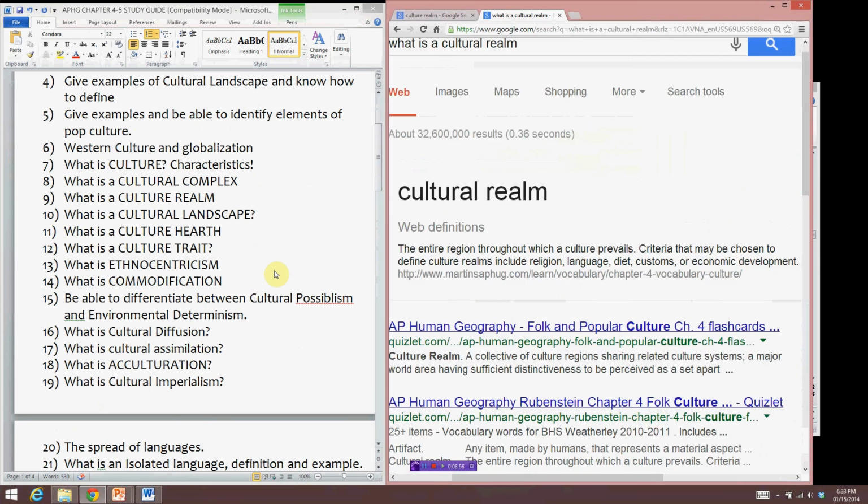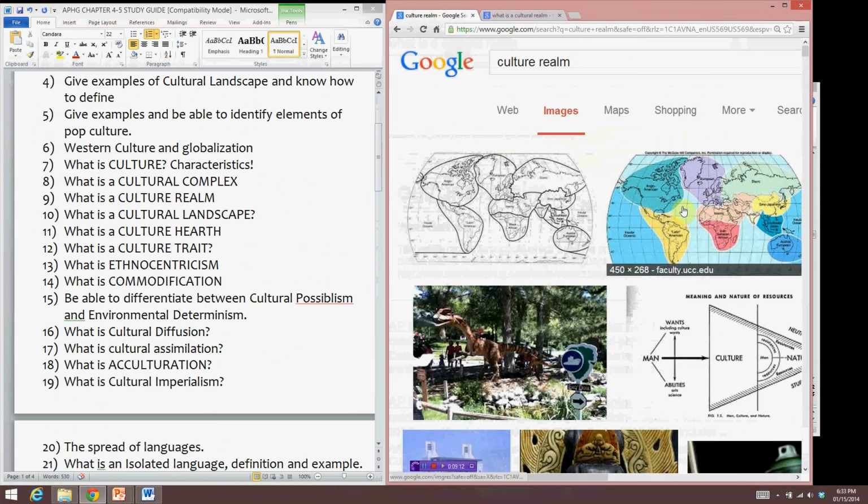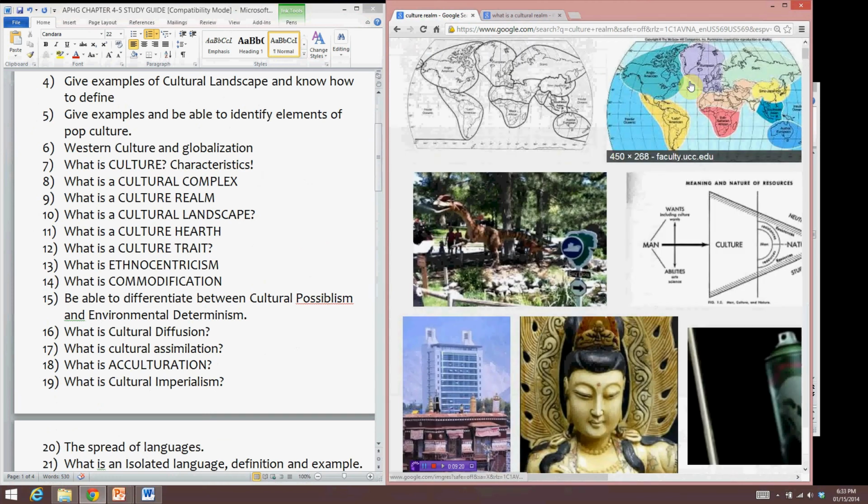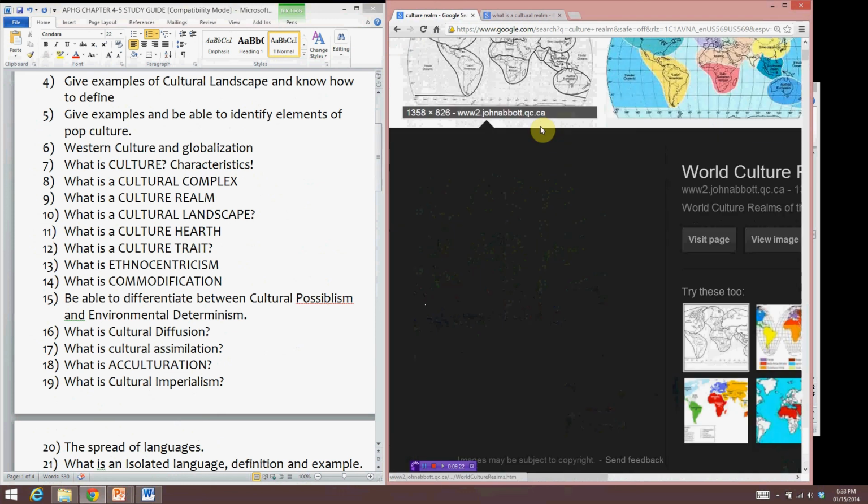The next item on the list is cultural realm. Same difference here, but what we're looking at is the entire region throughout which this culture prevails. And if you look at what that would look like in images, well, we did an assignment the other day where I showed you something like this. Something like this here shows the different cultural realms.